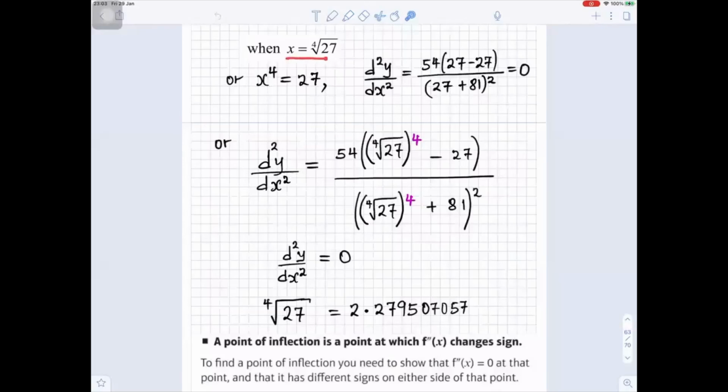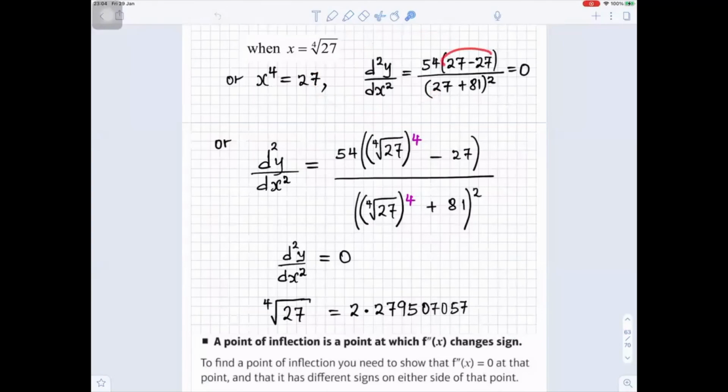When x is equal to the fourth root of 27, if you take this fourth root to the left-hand side, it becomes to the power 4. So you can say x to the power 4 is equal to 27. That just makes life easier when you substitute. So in that expression, we had 54, we had x^4, so we can just substitute 27 for x to the power 4.